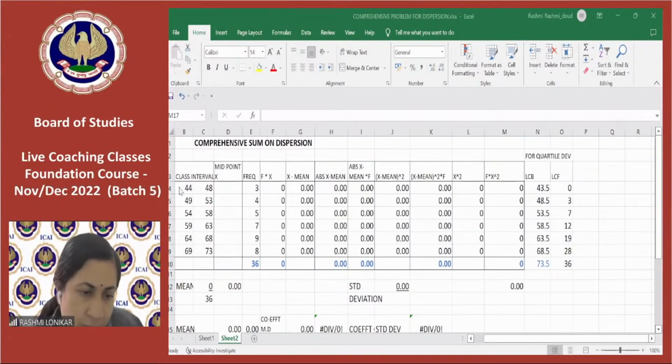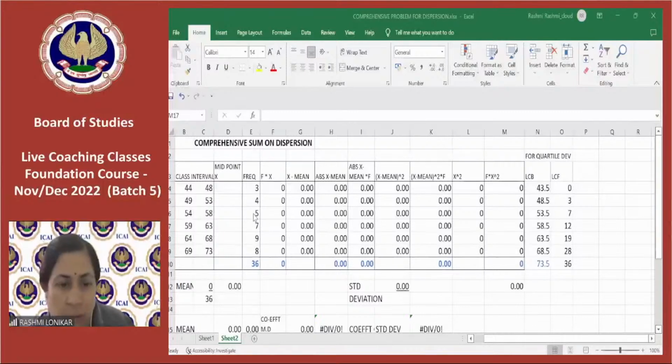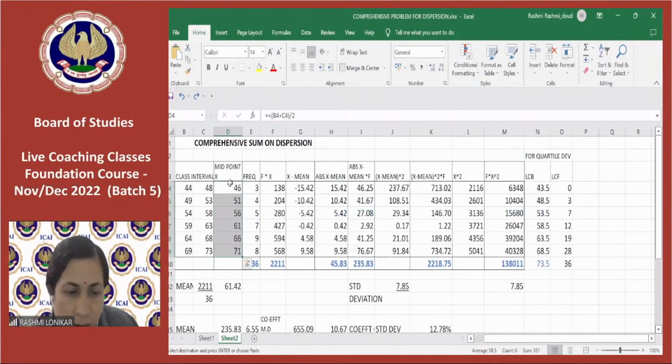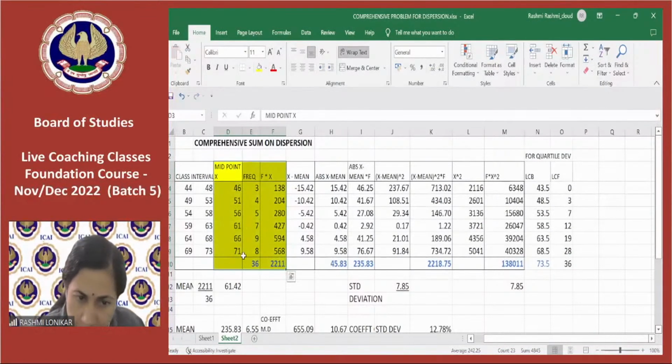Once I have the intervals 44 to 48 and so on, the first thing I do is find the midpoints, because the first thing I need is the mean. To find the mean, I must have the f into x column. So concentrate on these three: I found the midpoint, I found the frequency, and I found f into x.